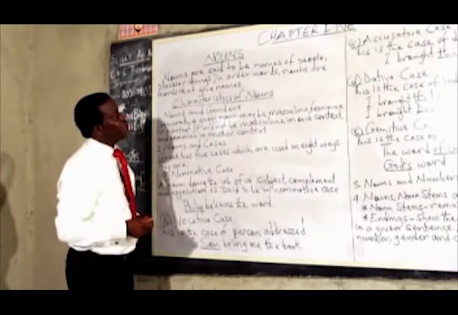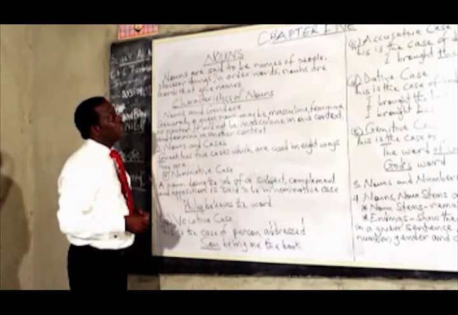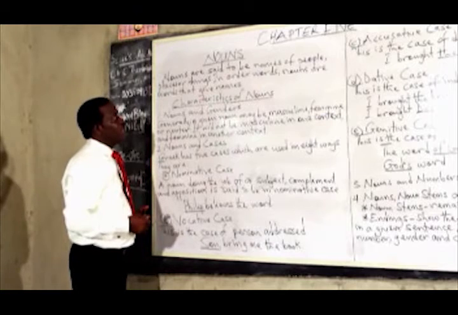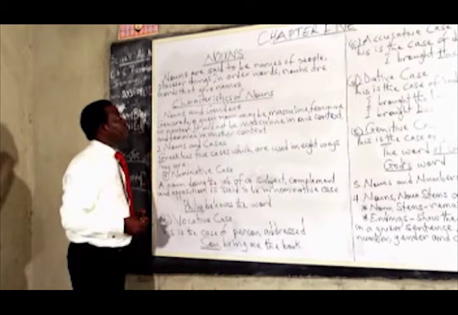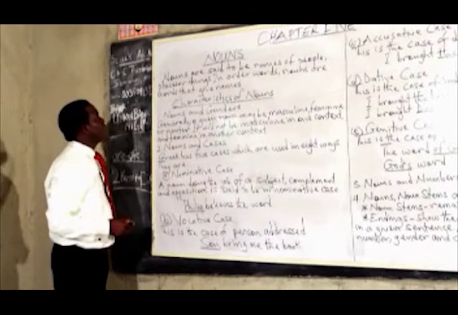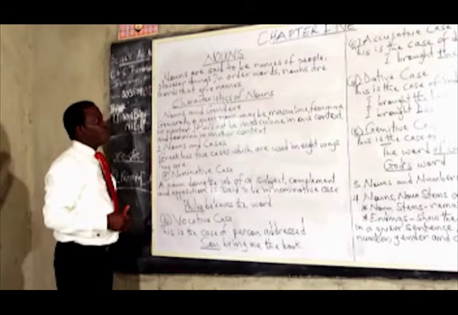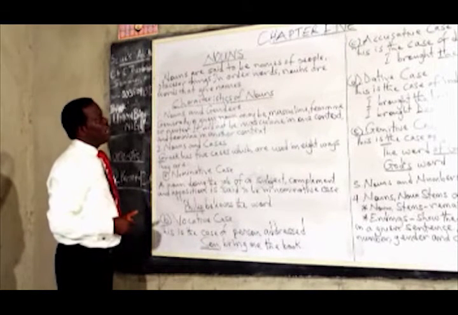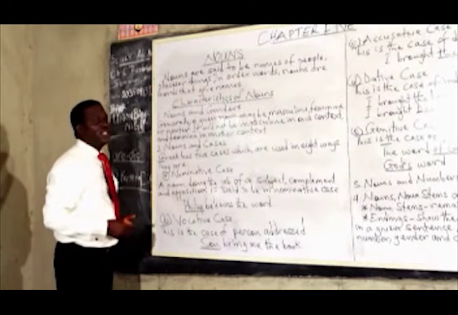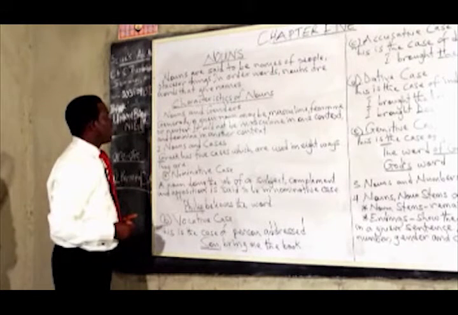Now we come to chapter 5 of our textbook, and in chapter 5 we are doing nouns. Nouns are said to be names of people, places, or things. In other words, nouns are words that give names.